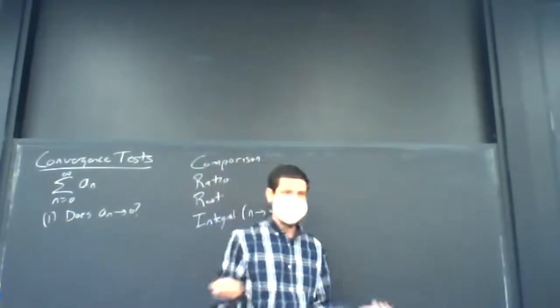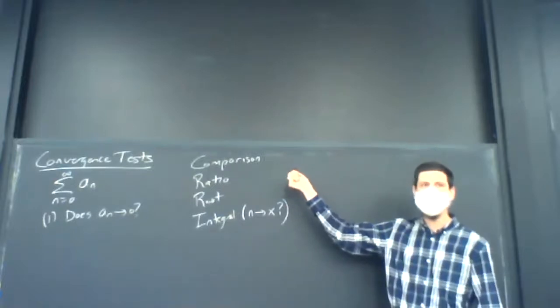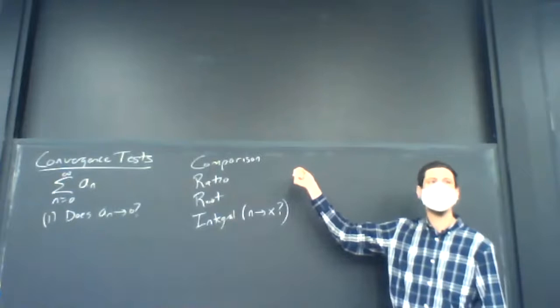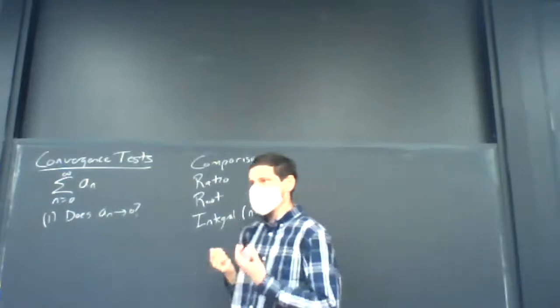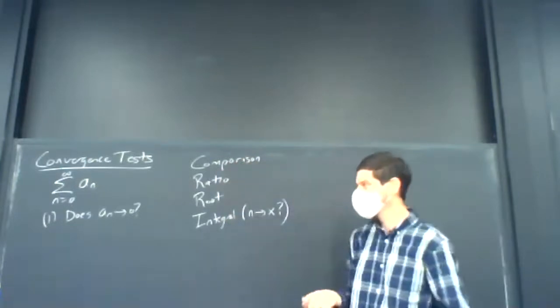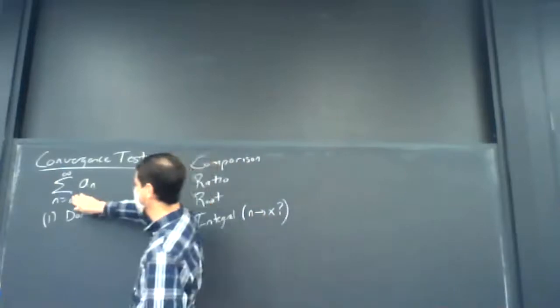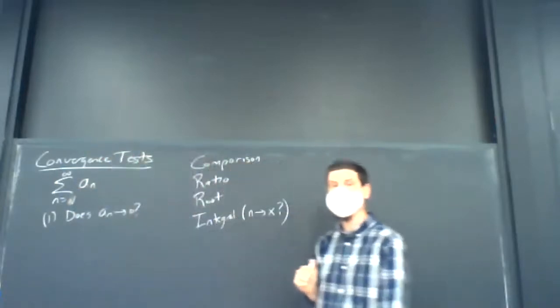The comparison test, in some sense, is the easiest one to use. Whenever I'm asked which one do you want to do first, I want to do the comparison test using the method of divine inspiration, where I just happen to write down the right thing to compare it to. If you show that you are term by term less than a series that converges, or less from some point onward, I don't have to start at 0. I could start at some big integer, and I don't care what's going on in the beginning.